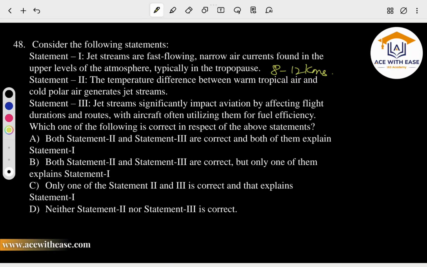Second statement, the temperature difference between warm tropical air and cold polar air generates the jet stream. Yes, this is also correct. Jet streams significantly impact aviation by affecting the flight direction and routes, with aircraft often utilizing them for fuel efficiency. Yes, the third statement is also correct. So both statements 2 and 3 are correct, and both of them explain statement 1.